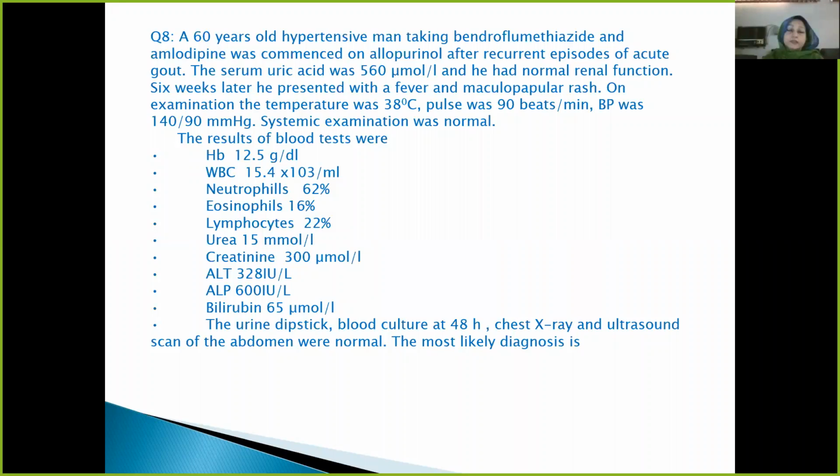Hemoglobin 12.5, WBC is 15,000, neutrophils is 2%, eosinophils 16%, lymphocytes 22%, urea 15 millimoles, creatinine 300 micromoles, ALT 328, ALP 600, bilirubin 65. What is your diagnosis?